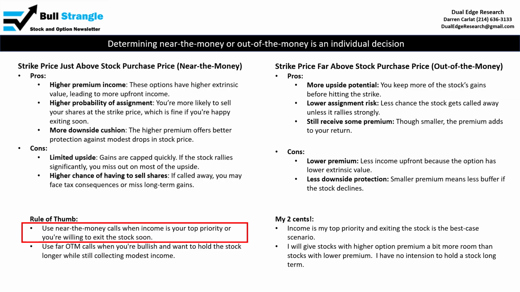Now, implied volatility directly impacts how much option premium you receive. So a 40 is going to get you a much smaller amount of option premium than one with a 100% implied volatility. So when I'm trading one that's 40, I'm going to keep those strikes pretty tight. And when I'm trading one with 100 implied volatility, I'm going to loosen it up quite a bit.